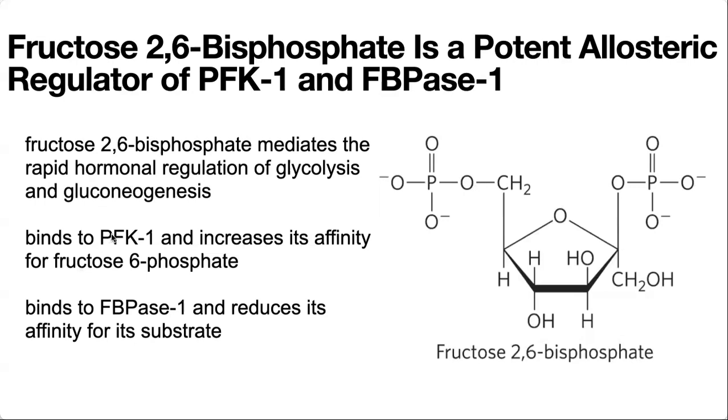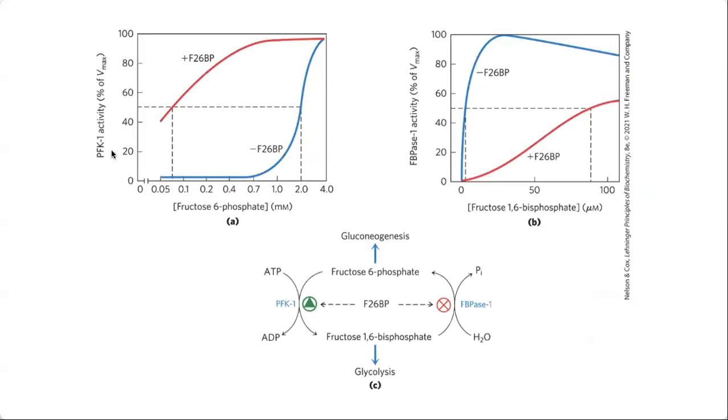When it binds to PFK1, it increases its affinity for fructose 6-phosphate. When it binds to FBPase1, it reduces its affinity for its substrate. So PFK1 activity in the presence of F26BP is going to be higher, but FBPase1 activity is going to be lower.